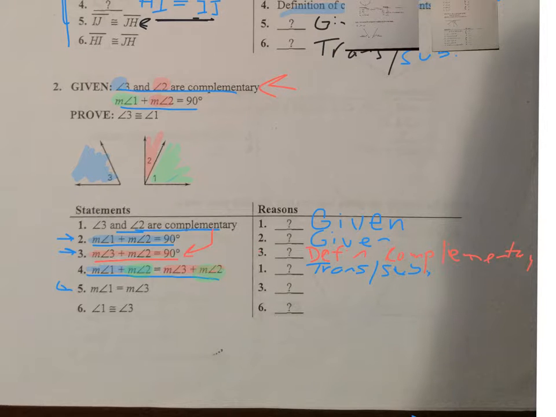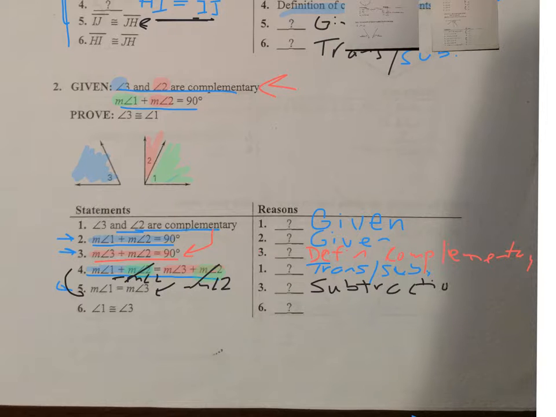Well, I know from algebra that if I have something the same on either side of the equation, I can simply subtract it from both sides, minus the measure of angle 2, minus the measure of angle 2. And when I do that, they cancel out. And what am I left with? I'm left with the measure of angle 1 is equal to the measure of angle 3. And since I subtracted the same thing from both sides, that is my subtraction property.